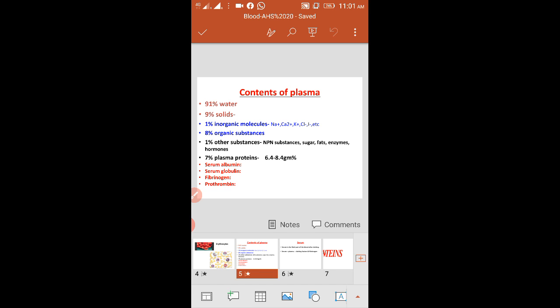This is the content of plasma. The plasma mainly contains water 91% and solids. The solids are inorganic and organic.